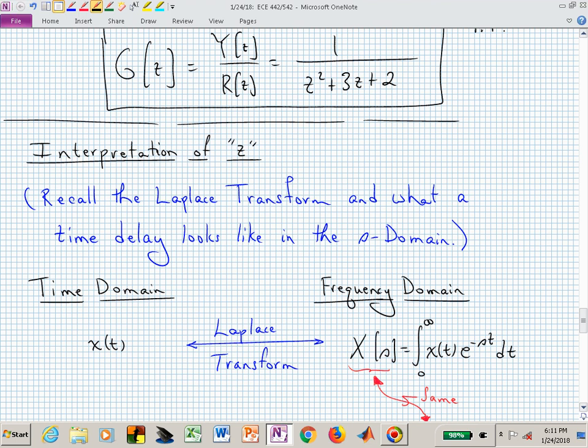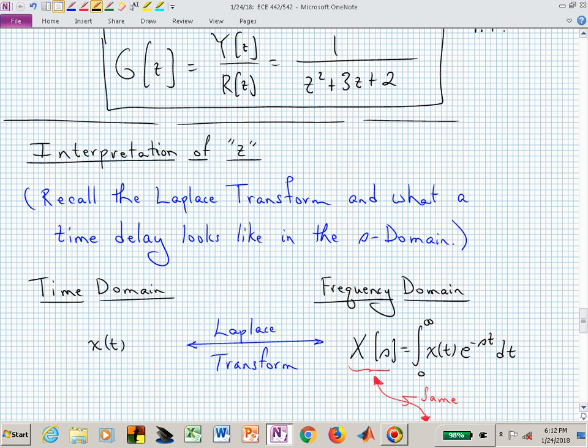From t equals 0 to infinity, x of t, we weight that signal of time, x of t, with this complex exponential, e to the minus st, and integrate with respect to time. So we're looking at this information over the entire time horizon and somehow consolidating it down into frequency domain information. That's what this Laplace transform is doing for us.